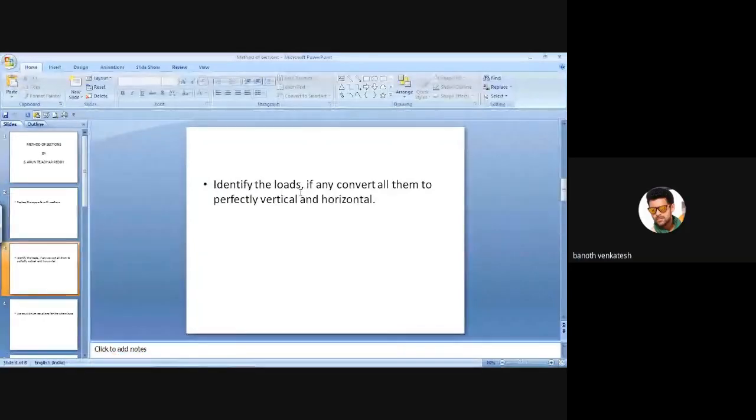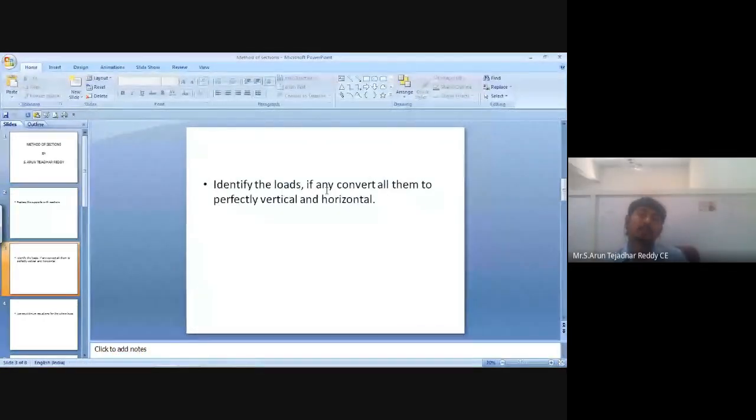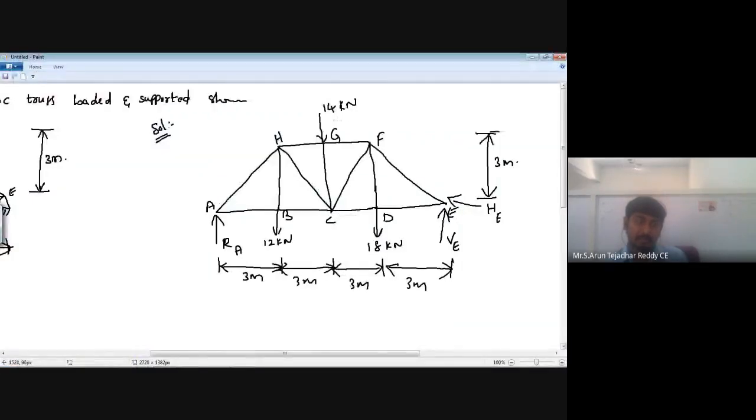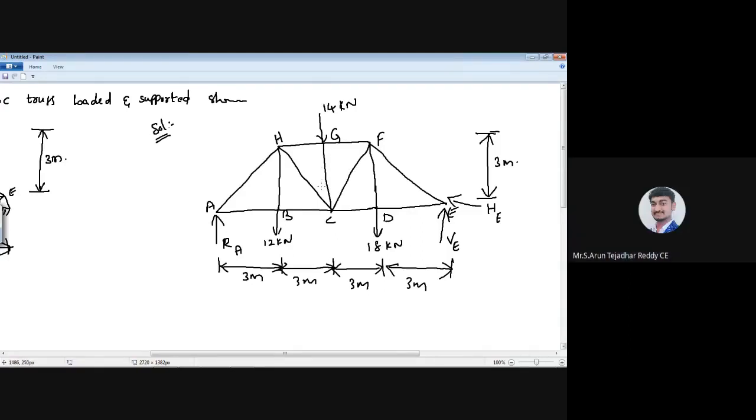Now, we'll see what is the second step in the method of sections. Identify the loads, if any, and convert all of them to perfectly vertical and horizontal. Observe in this diagram, is there any inclined load acting? No, only vertical loads are acting: the 14 kilonewton, 12 kilonewton, and 18 kilonewton loads.